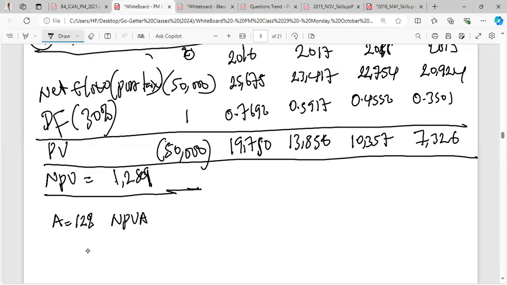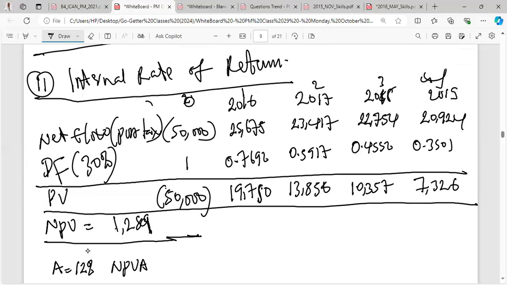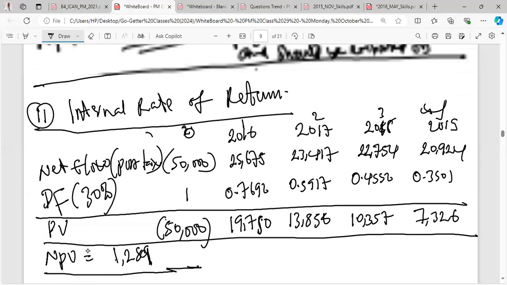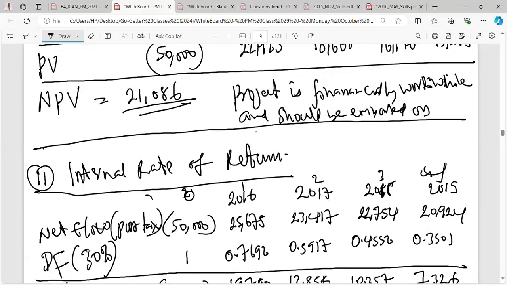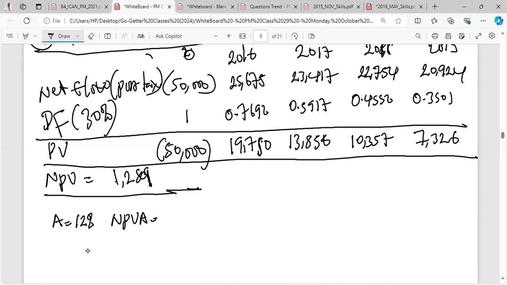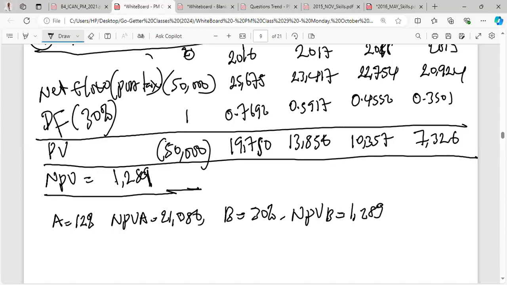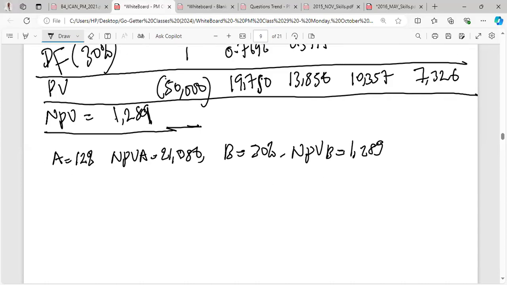NPVA, we'll get it from here: 21,086. Then our B is 30%. Our NPVB is 1289. So let's use our interpolation formula.